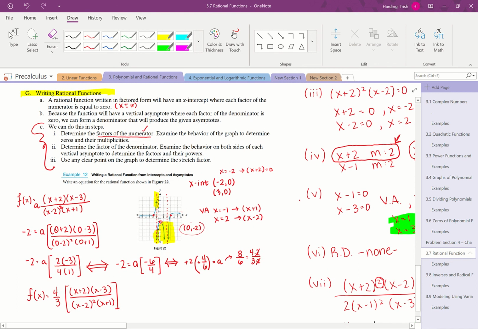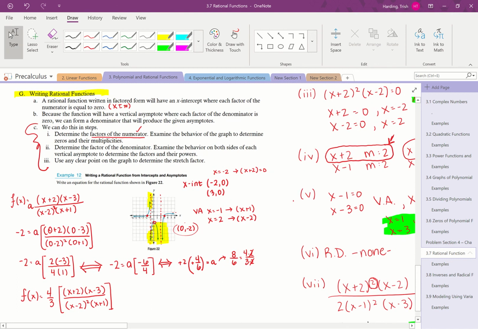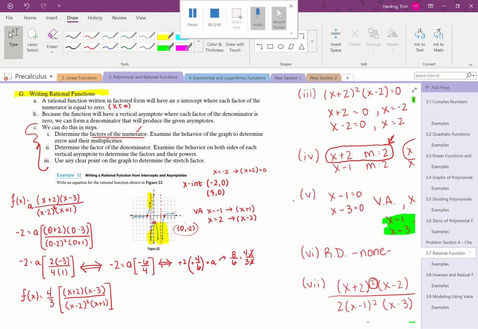There we go. So this is writing rational functions. I would definitely recommend practicing this. I will go over it, so at least have a look at it. This can be a very difficult thing for a lot of people. So that was 3.7. Thank you, and I will see you in the next one.